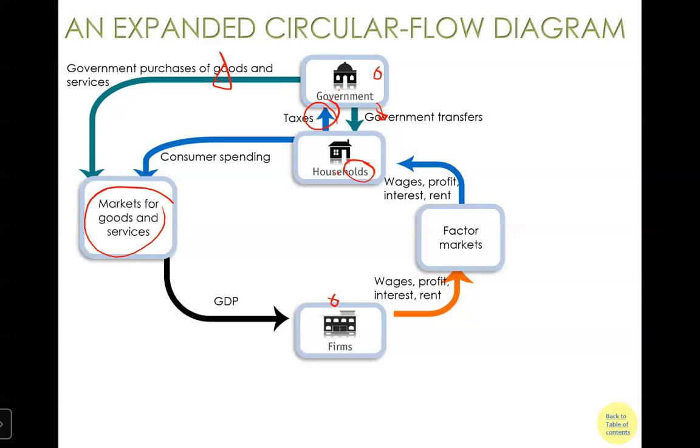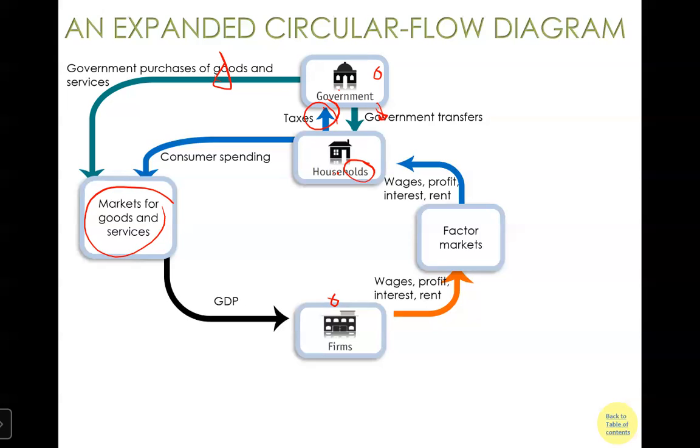Other examples of transfers include Social Security. If you have ever heard about Medicaid, that's also a transfer, right? Food stamps, that's a transfer too. There are many other types of government transfer programs. There's no return required from the recipient, right? Okay, so this is government.